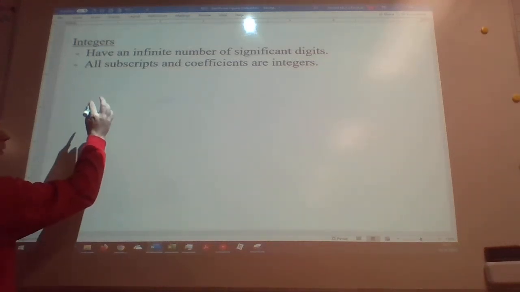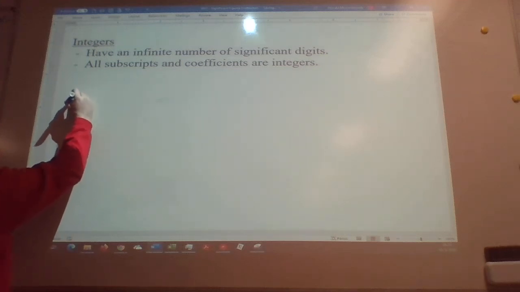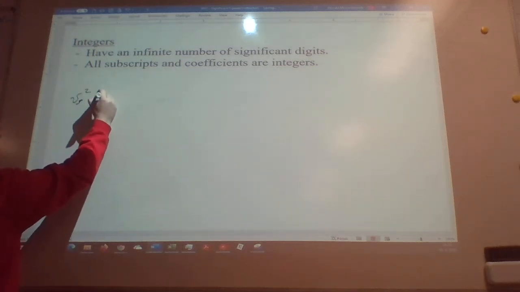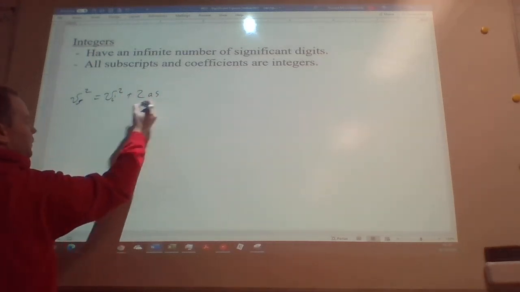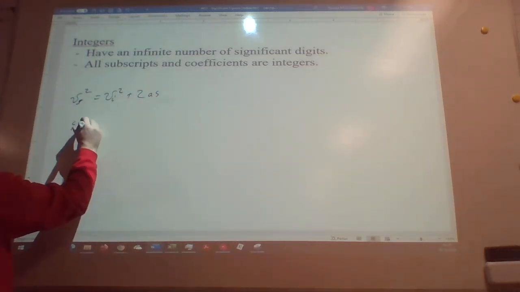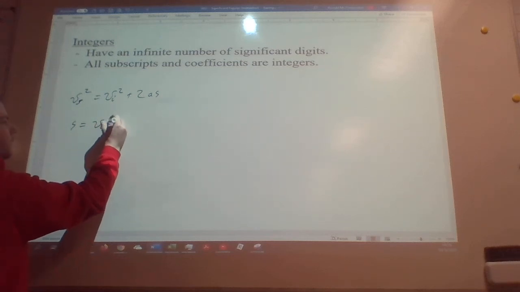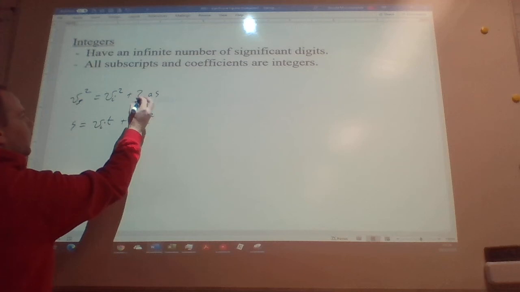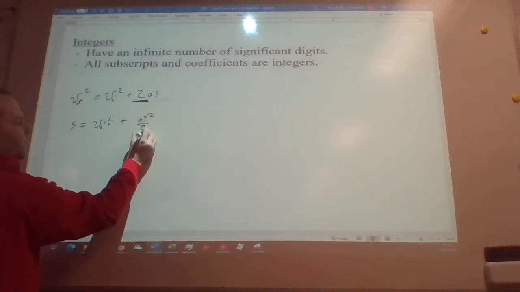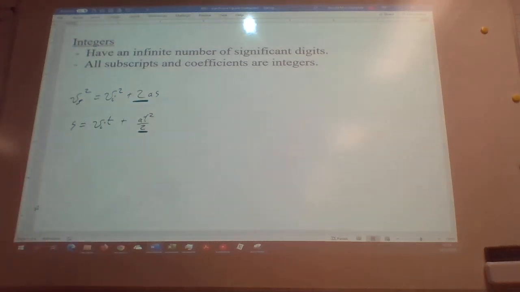So if we look at two of our kinematics equations, we have VF squared equals VI squared plus 2AS, and S equals VIT plus AT squared over 2. This 2 and this 2 in these equations, both of those are considered integers.